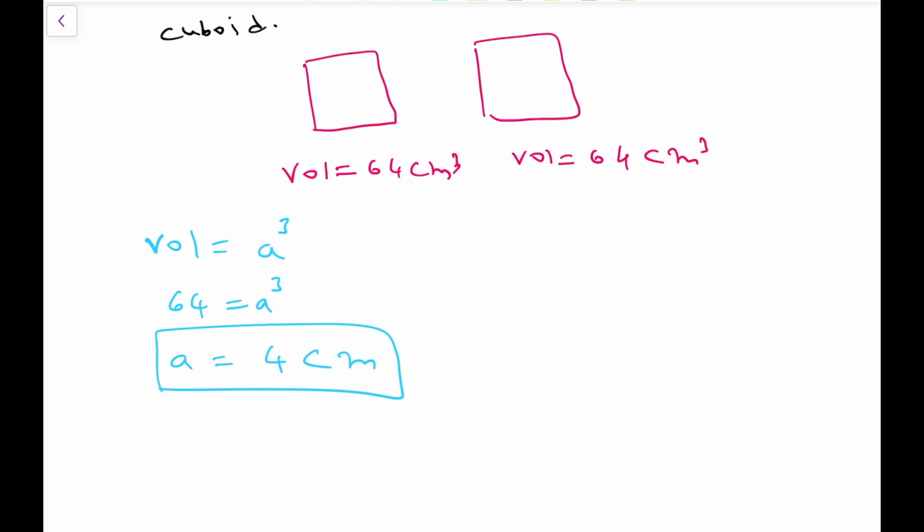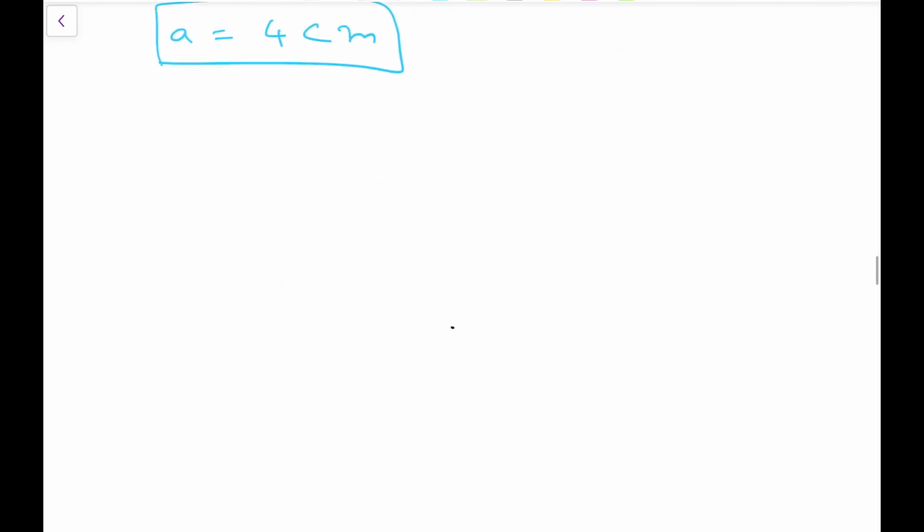Now he is joining these two cubes side to side. This is 4 centimeter. Okay, observe this clearly. Length will become 4 centimeter, breadth 4 centimeter, height 4 centimeter, because in a cube all the edges are same.